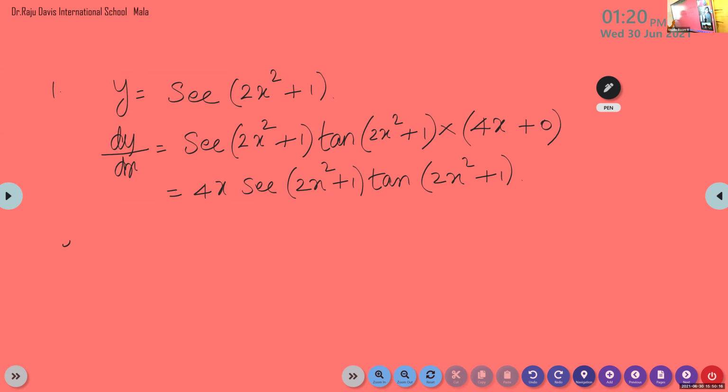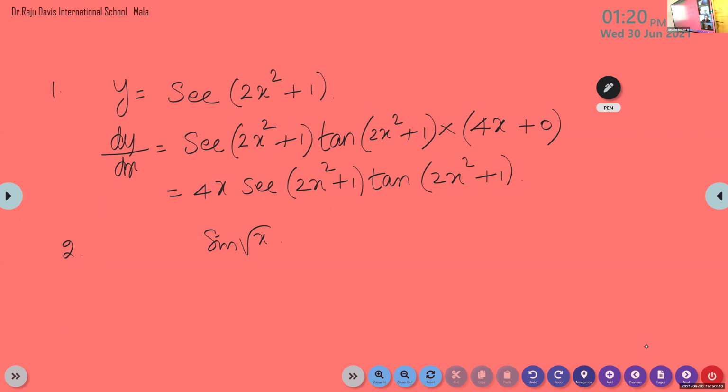Next one. What is the derivative of sine of root x?